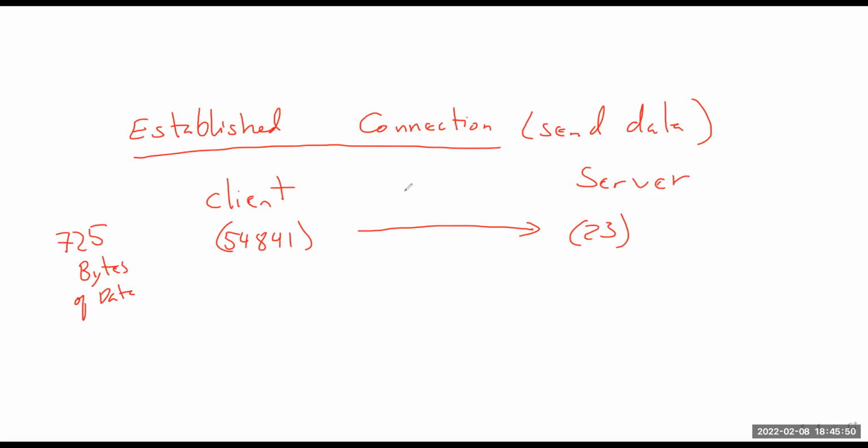There's going to be a push and an ACK flag in the packet because we're pushing data. The length of the data we can specify to be about 725. So the sequence would be 1, the ACK is 1.